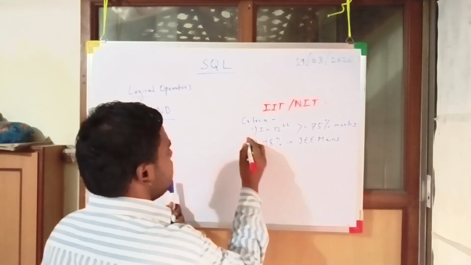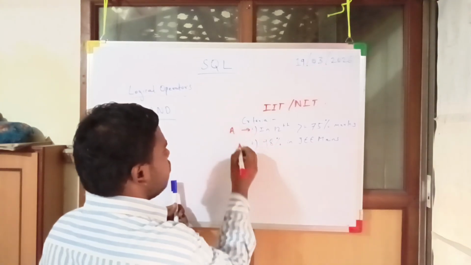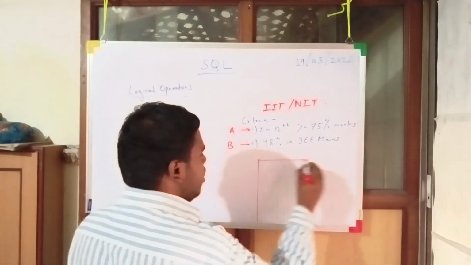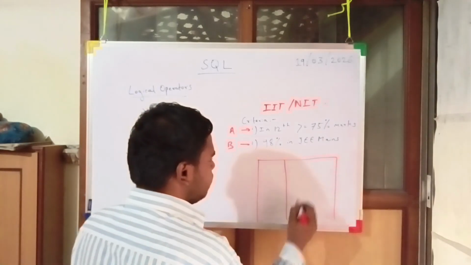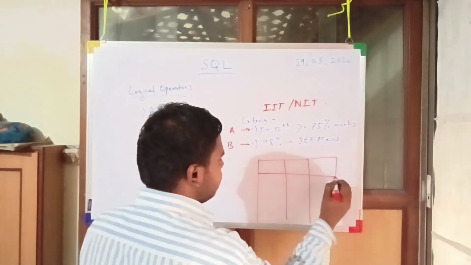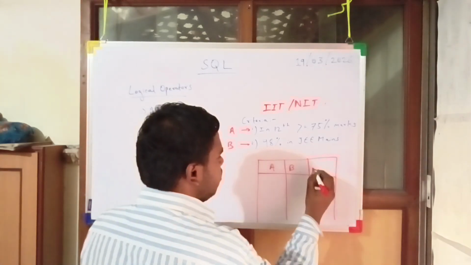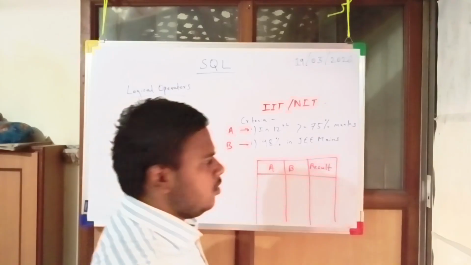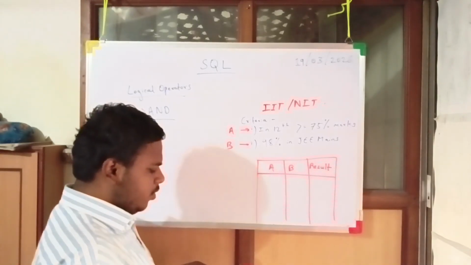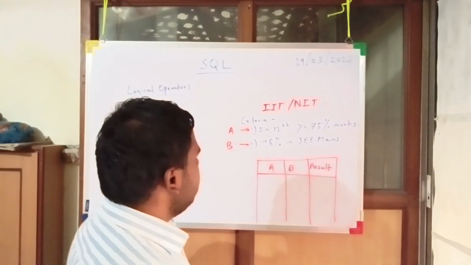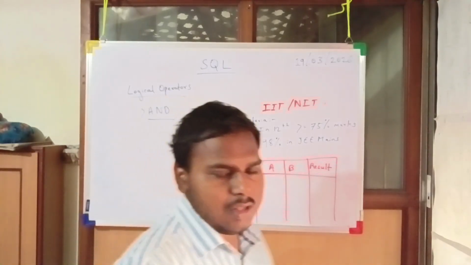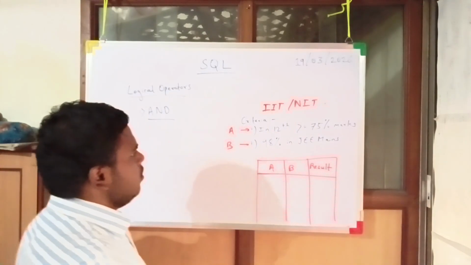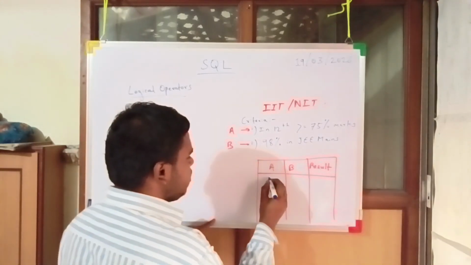Suppose I assume the first criteria to be condition A and the second criteria to be condition B. I am making a truth table: A, B, result. Result means you will get admission or not. Suppose you have studied well in class 12th and scored 75% or more, so the first condition is true.